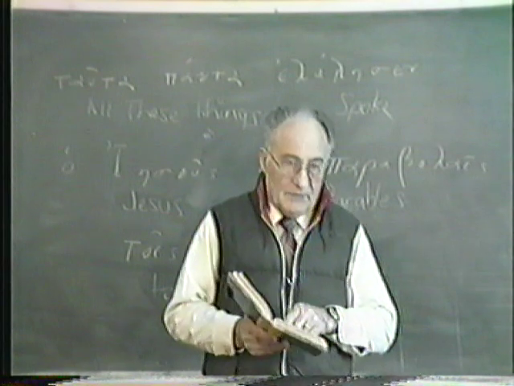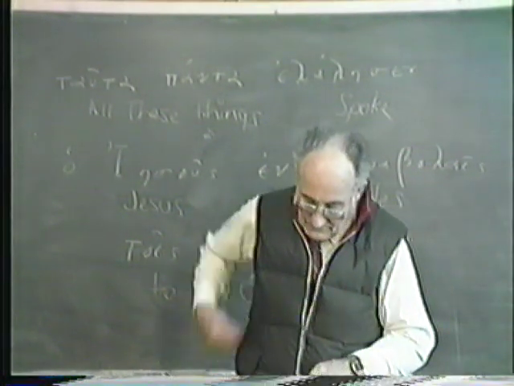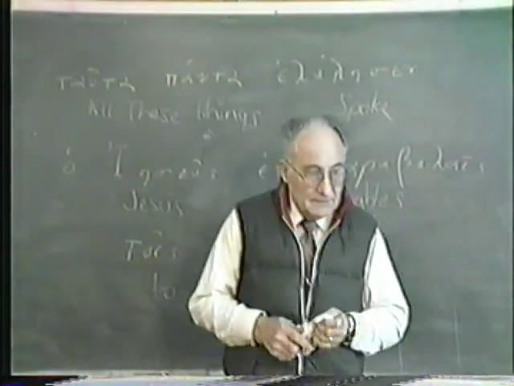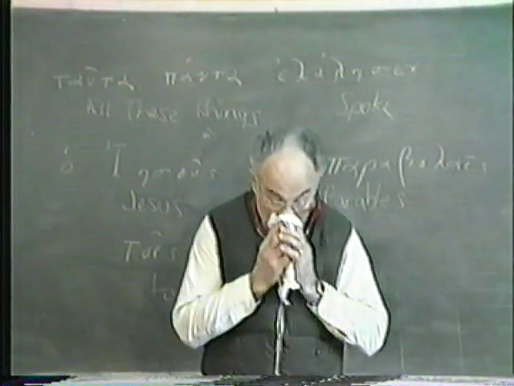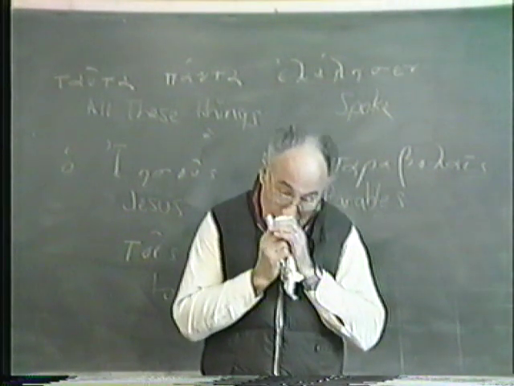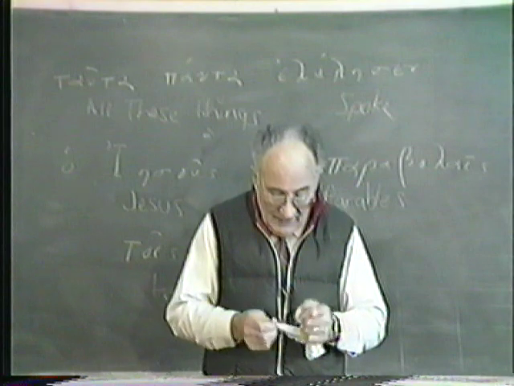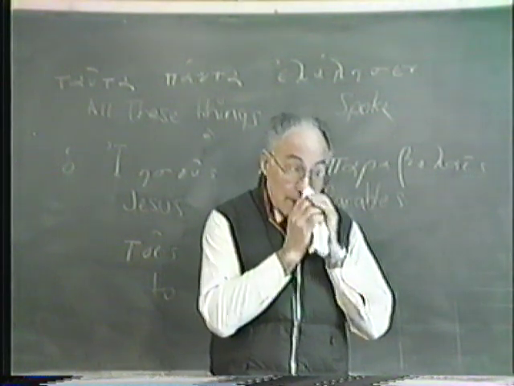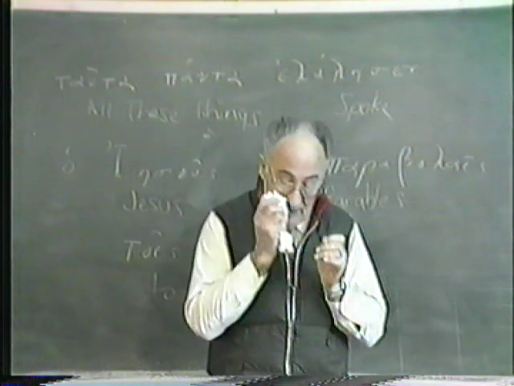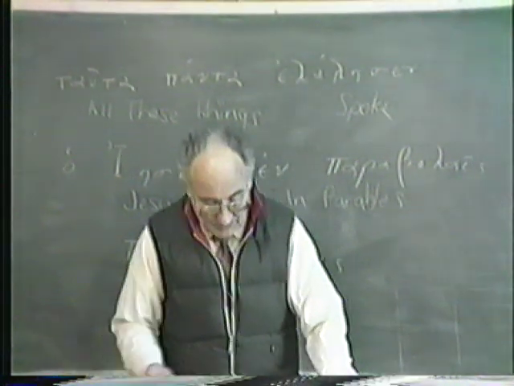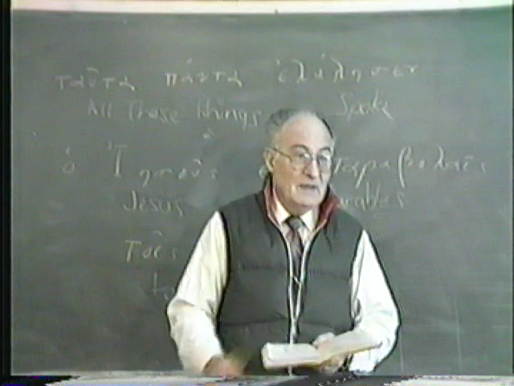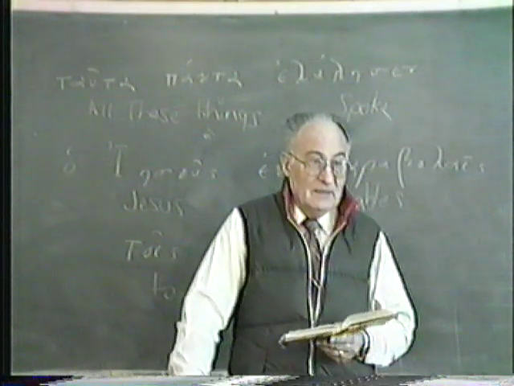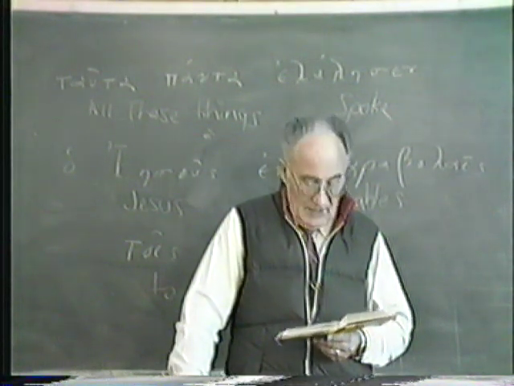What kind of a participle? It's a first aorist participle. Now then, you don't have any article to help you out. But can you remember the declension of the first aorist participle? What case is it? It's a nominative.